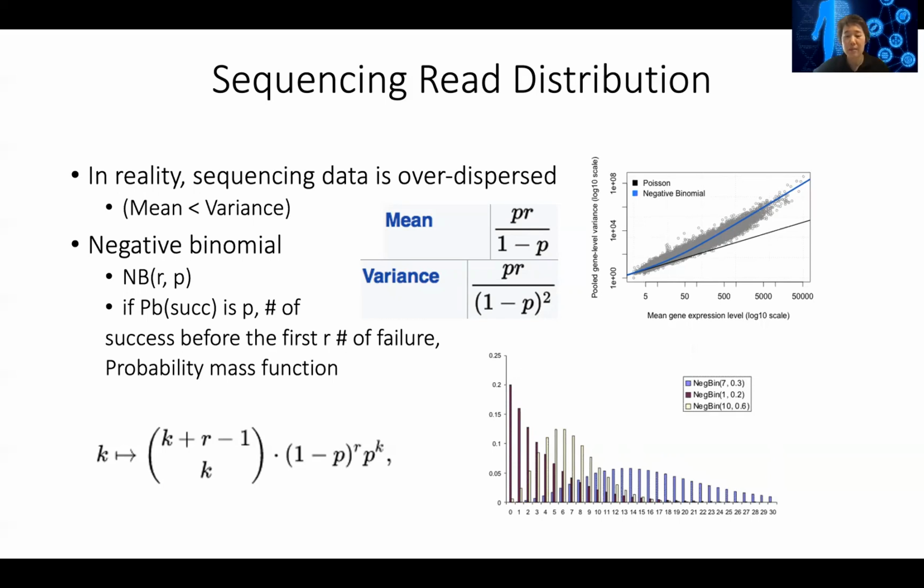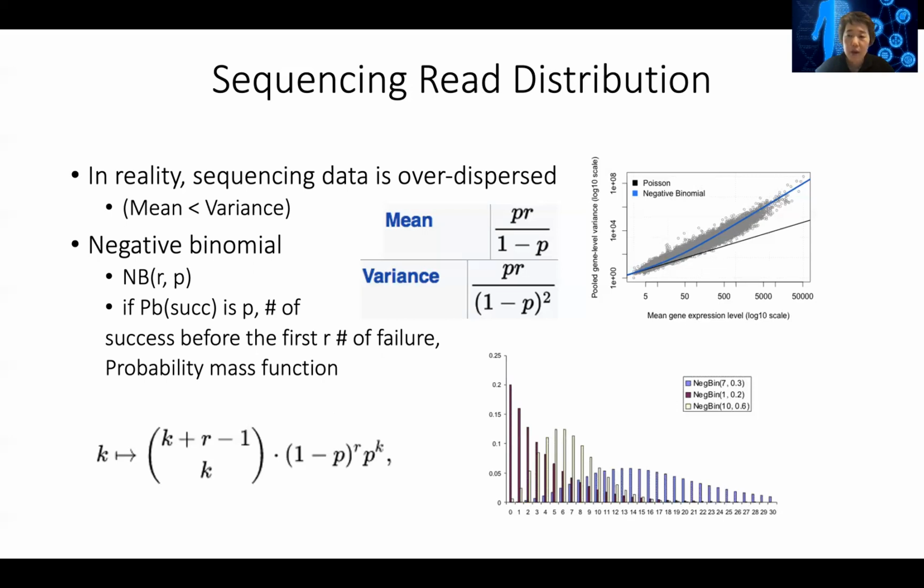Say you measure many, many samples in one big study. And each dot here represents one gene. So you can see here, generally, if a gene is expressed at a lower level, it has lower variance. If it's expressed at a higher level, it will have higher variance.